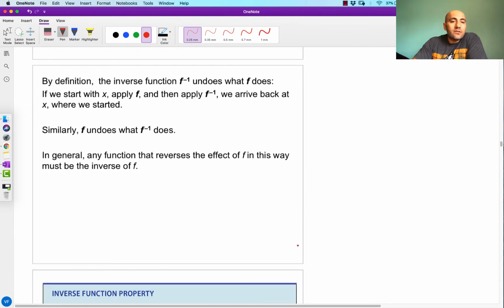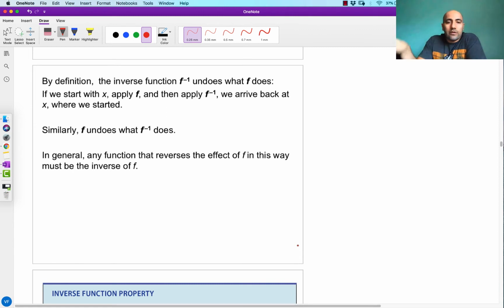By definition, the inverse function f inverse will undo what f does. If we start with x, apply f, then apply f inverse, we arrive back at x where we started. If we take any starting point in the domain of f, shoot it over to the range by applying f, and then take that output and plug it back into the inverse function, it'll bring us back right where we started.